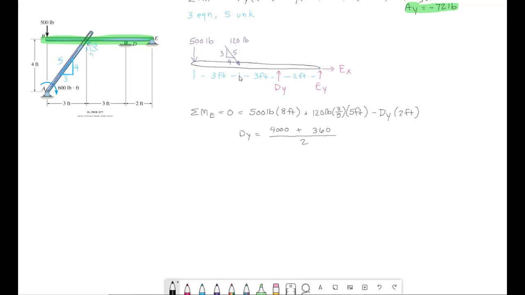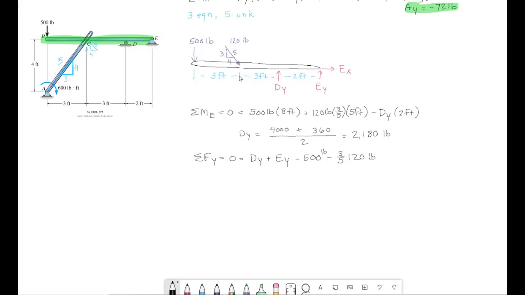All right, so the 500 pounds times 8 feet is 4,000 pound-foot. 72 pounds times 5 feet is 3,600 pound-foot, divided by 2 feet when I bring it over to the other side. So we get that DY equals 2,000 pounds. So it's pound-feet divided by feet. So sum of forces Y equals 0 equals DY plus EY minus 500 minus 3/5 of 120.